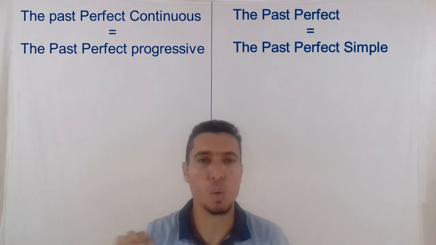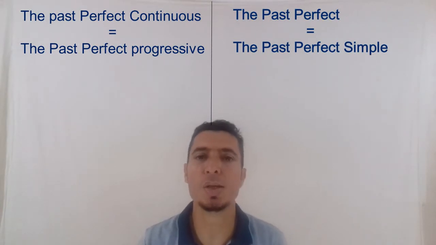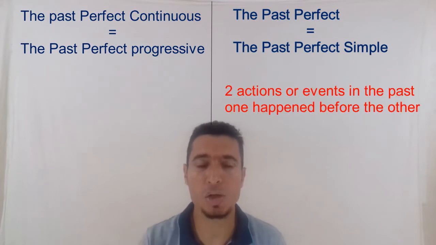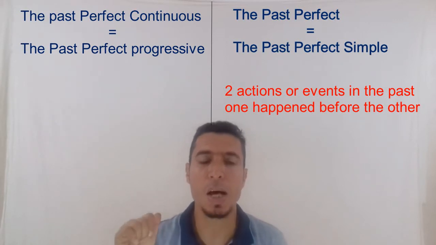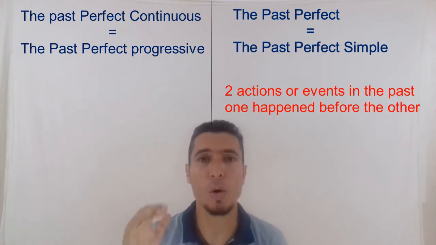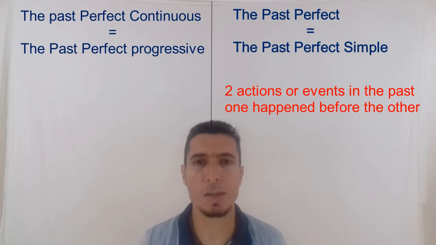Now for the rule, in which cases do we use the past perfect simple and the past perfect continuous? We use the past perfect simple when we have two actions that happened in the past and one happened before the other, or before a specific time.